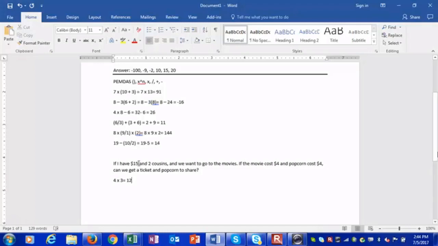If I started out with 15, I've just given away 12. What's 15 minus 12 for the movie admission? That's just $3. If popcorn costs $4, we don't have enough. So no, we cannot get popcorn. But we can afford movie tickets.